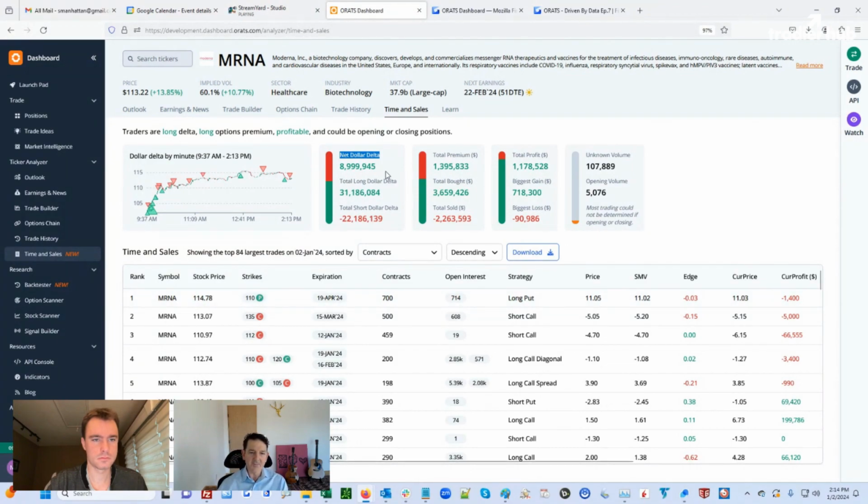So we track that, and what we do is we look at the total long dollar delta and just update it, so this thing is highly responsive, versus the total short dollar delta. So what we've noticed is they're long in Moderna. Well, also Moderna is up 13.69% today. So they've been right, and they've been especially right at the beginning of the day.